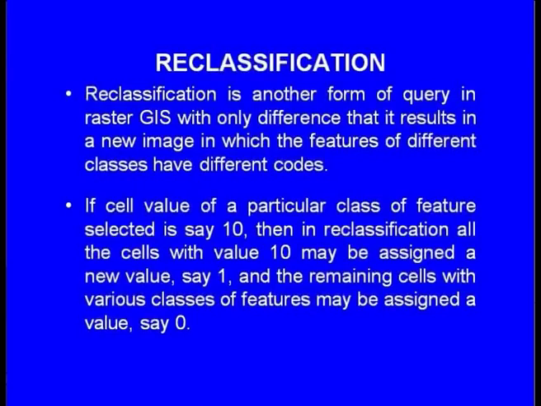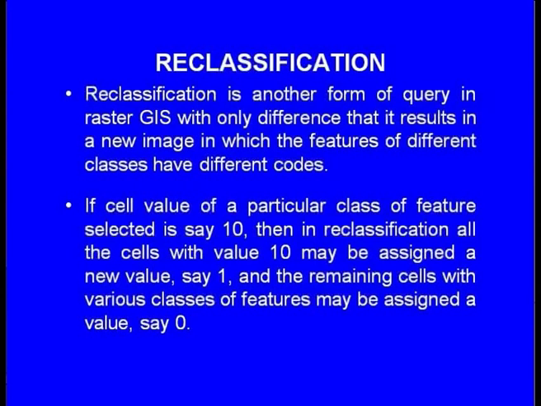Another form of spatial analysis in GIS is reclassification. Reclassification is another form of query in raster GIS, with the only difference that it results in a new image in which the features of different classes have different codes.